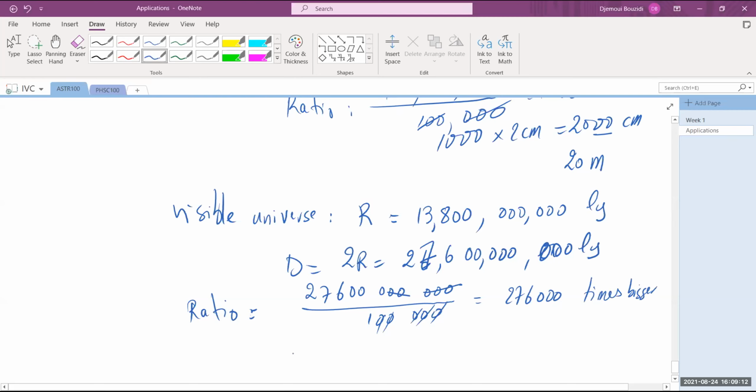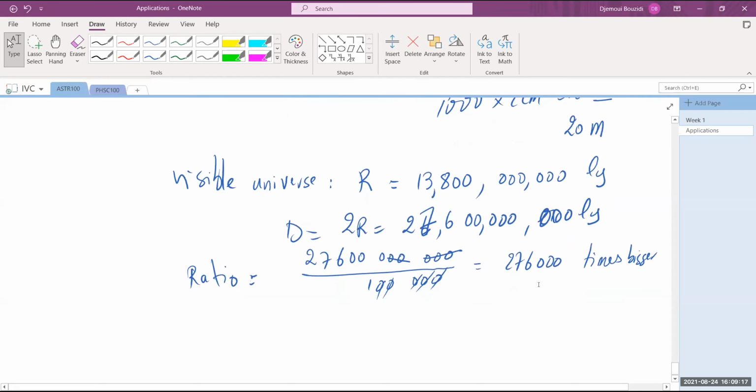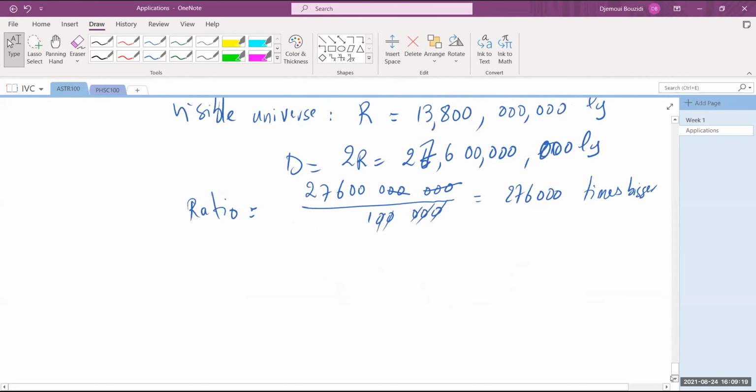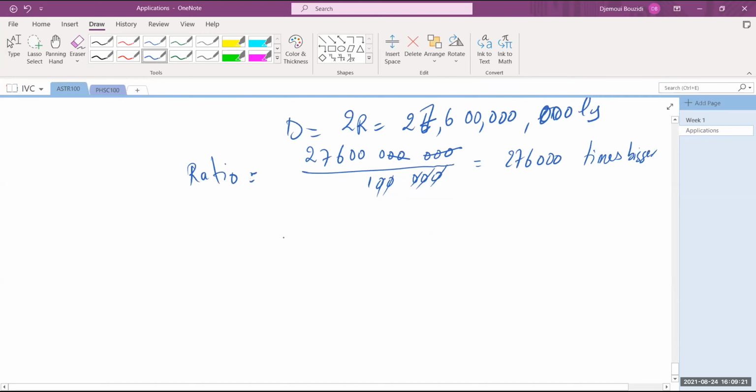than the Milky Way. Remember, the Milky Way is 2 centimeters in this model. So I have to multiply this number by 2. So the actual size for the visible universe is going to be 276,000 times 2 centimeters, because this is 276,000 times bigger than the Milky Way, and the Milky Way is 2 centimeters. So how much is the visible universe going to be?